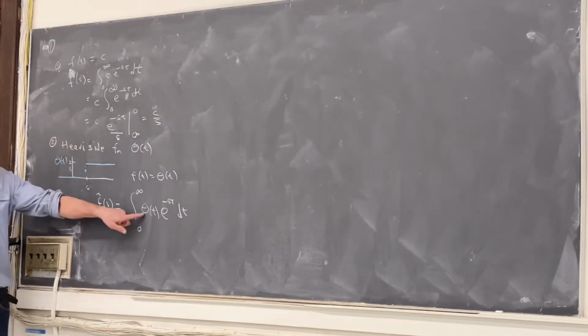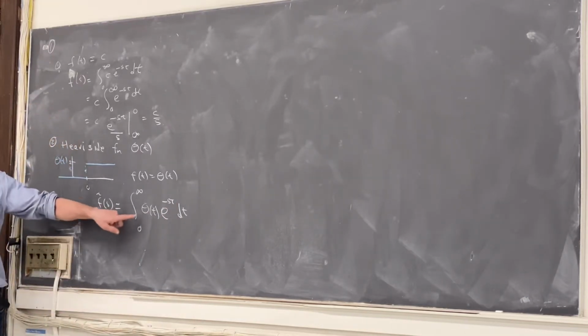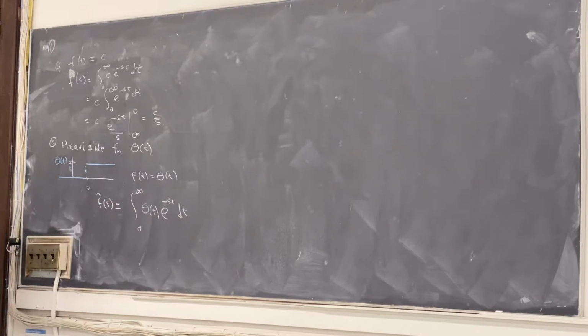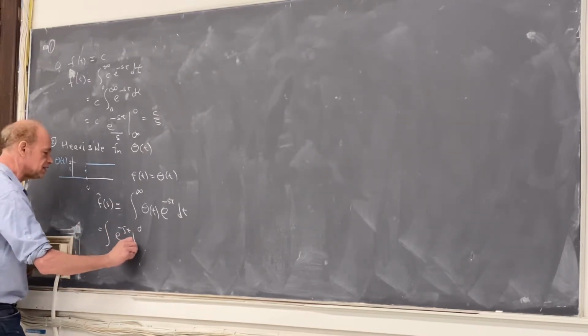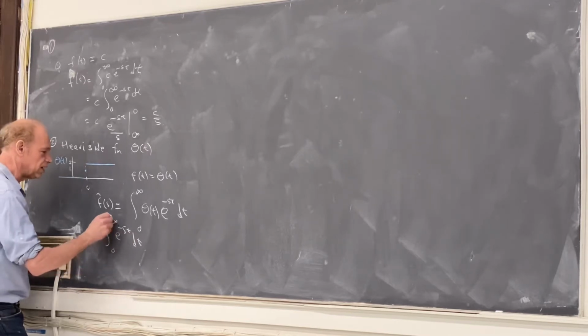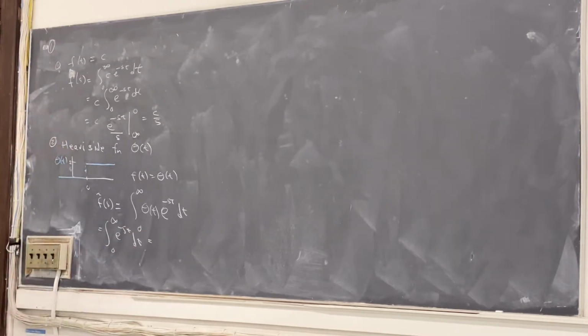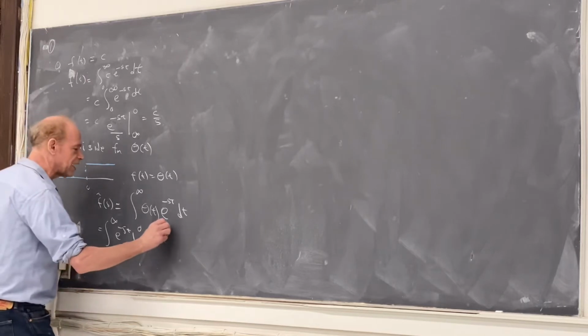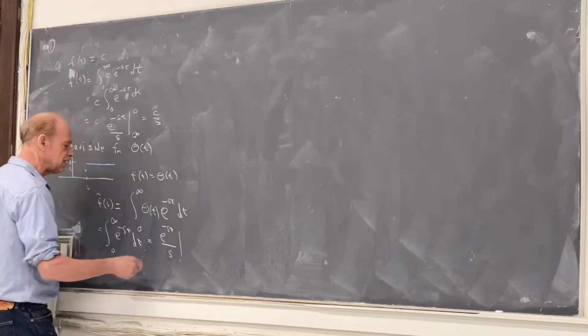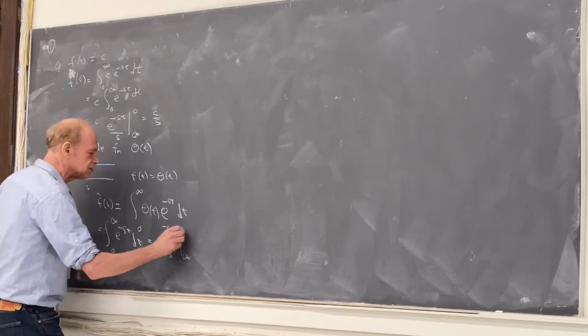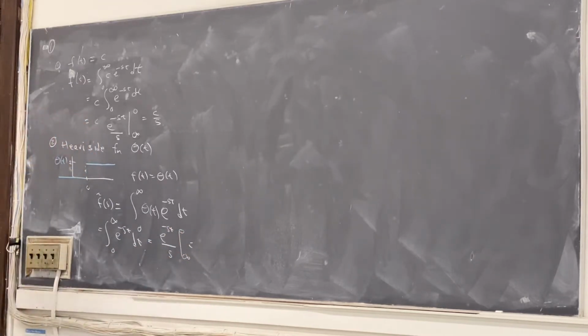But theta of t for everything greater than 0 is just 1. So this is just equal to the integral of e to the minus st dt, 0 to infinity, which we were just told is e to the minus st over minus s. I use the minus to flip the limits, and this is just equal to 1 over s.